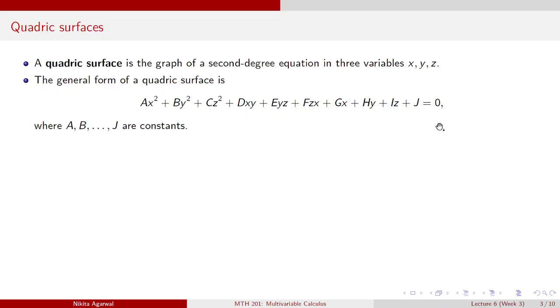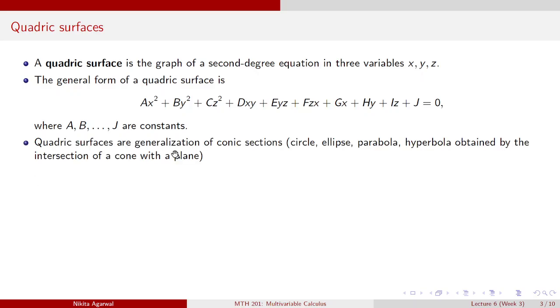So you get an equation in terms of x, y, z, and all the values of x, y, z which satisfy this equation form the graph, and it's called a quadric surface. We'll come to pictures and then it will be clear what we mean by this.